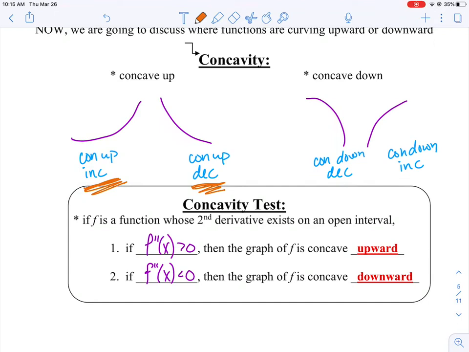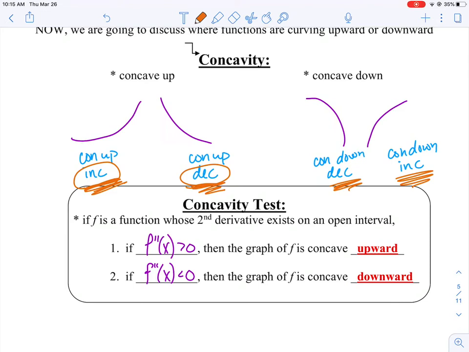And if our first derivative is positive, then we're increasing. If our first derivative is negative, then we're decreasing. But both of these are still concave up. If you look at the concave down pictures, I could have concave down and decrease, but I could also have concave down and increase. And so increasing and decreasing, again, are determined if your first derivative is positive versus negative.